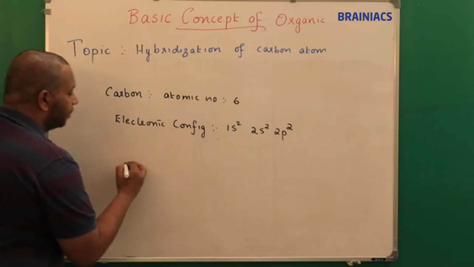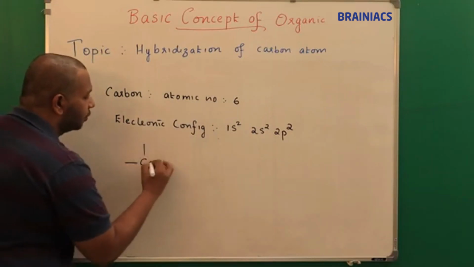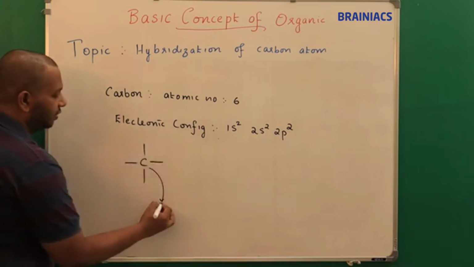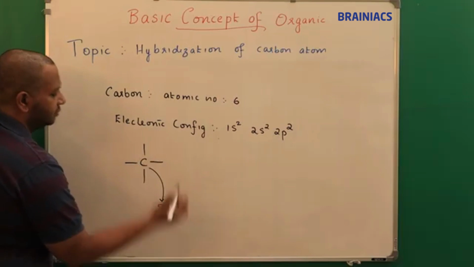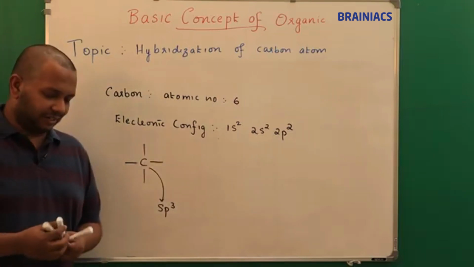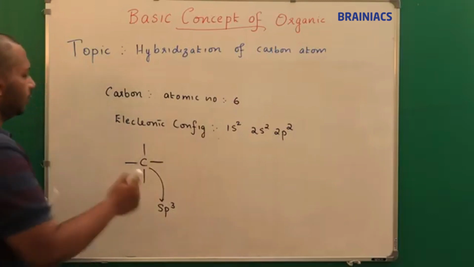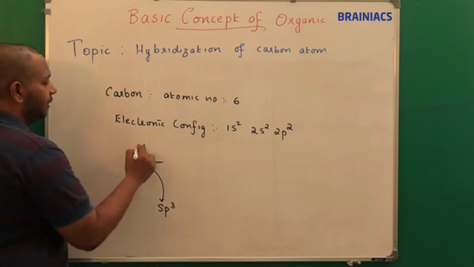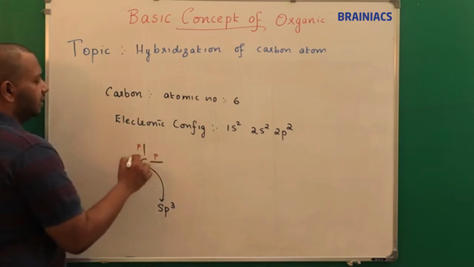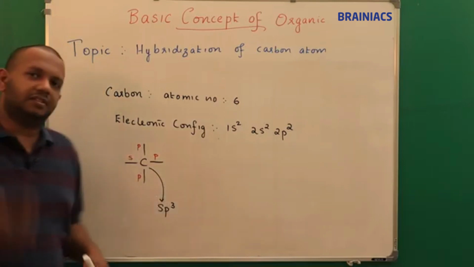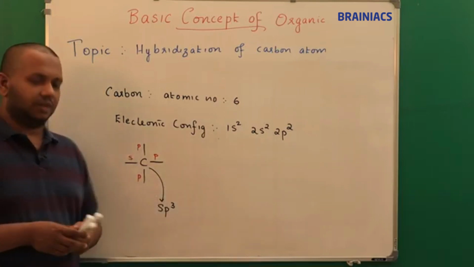If the carbon is forming only single bonds, something like this, then this hybridization is sp3. For students, a shortcut: if you are not remembering, put s, then p, then p, then p, and count it. s and 3p are there, so it is sp3. This is the simplest technique I used to tell students.